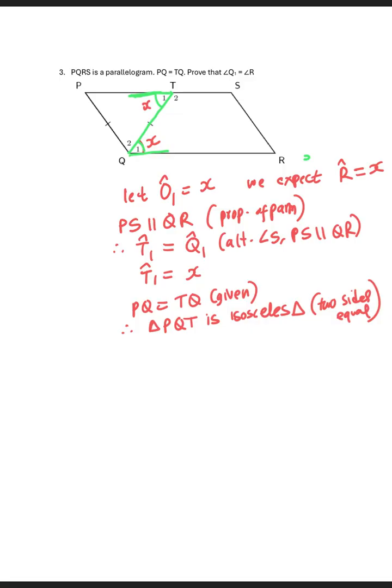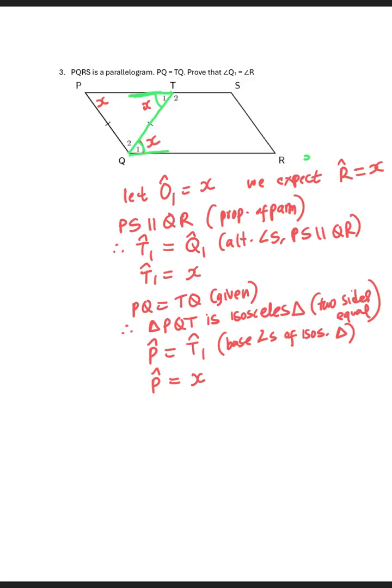Therefore, because we have an isosceles triangle, angle P is equal to angle T1. Reason: base angles of isosceles triangle. So angle P is equal to X. So we can put X here.